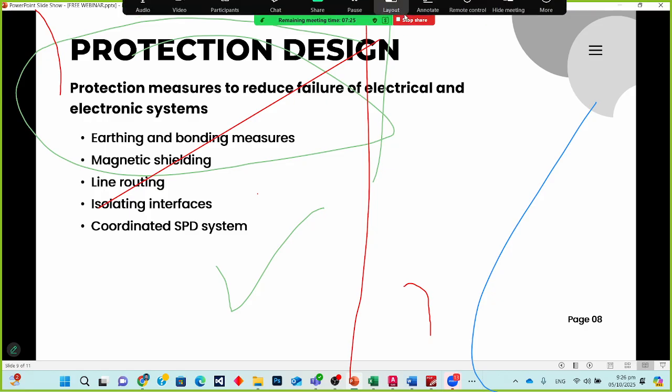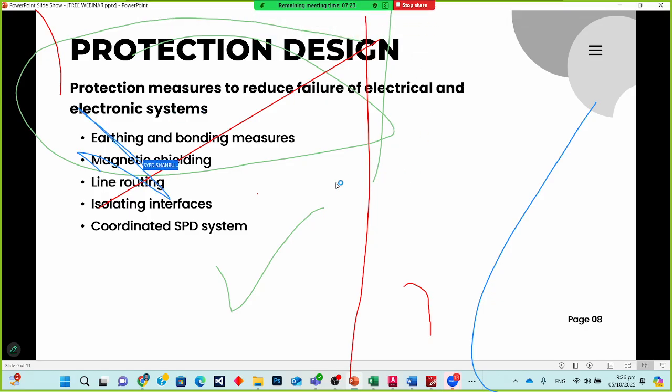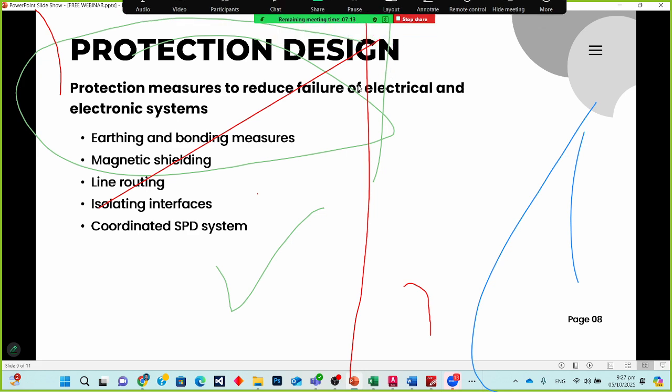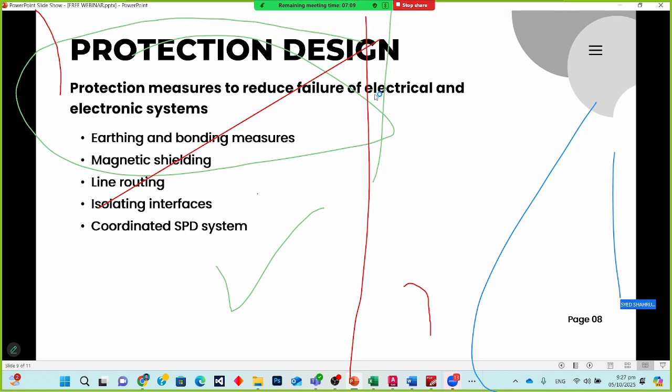Mr. Sharoff, can you delete these lines? Whoever sketched the lines, please remove the sketch. Actually, I want to remove the lines. Okay, try to remove, kindly.